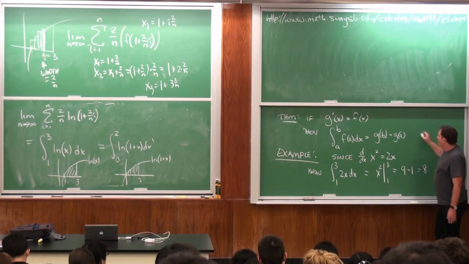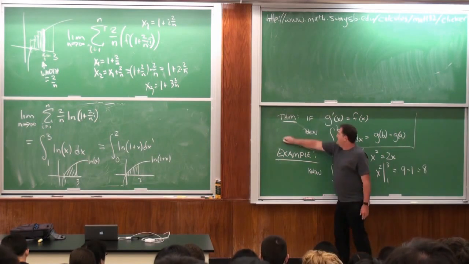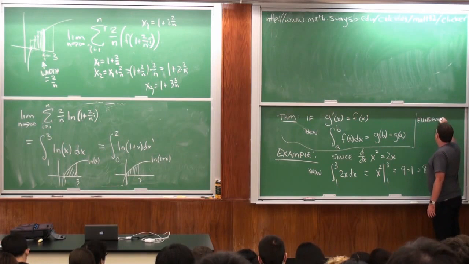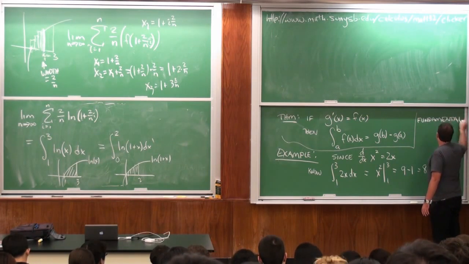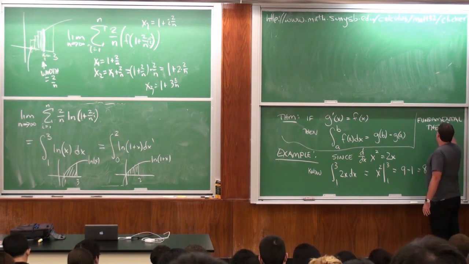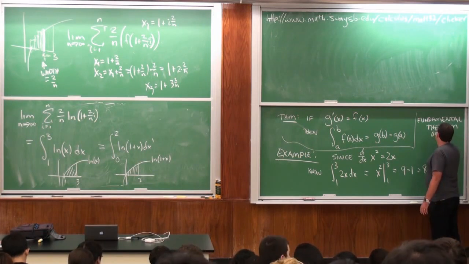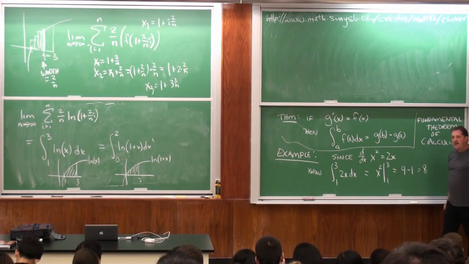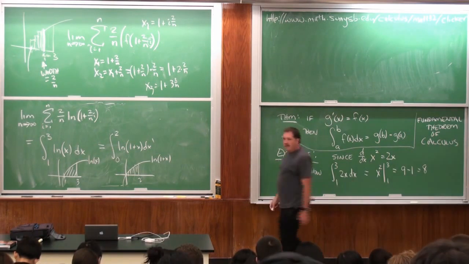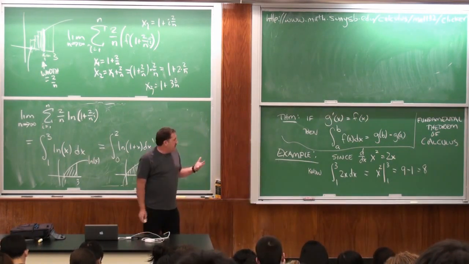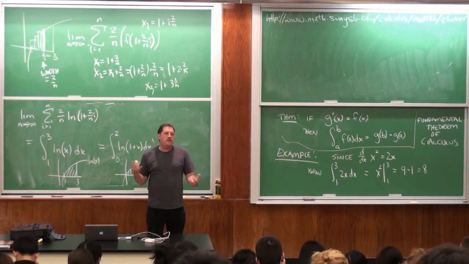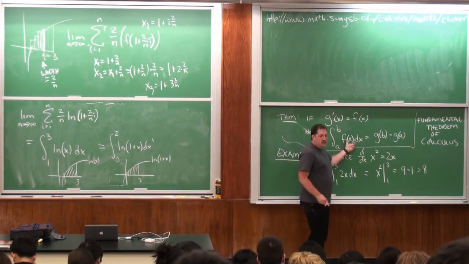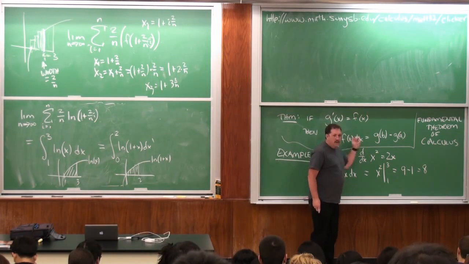Well, okay. So this is actually half of something called the fundamental theorem of calculus. There's another half which I'll write in a minute. The reason it's the fundamental theorem is it interrelates two very big things that you do in calculus. It says that to do integrals, you have to know about derivatives.